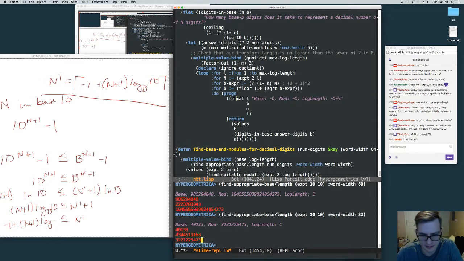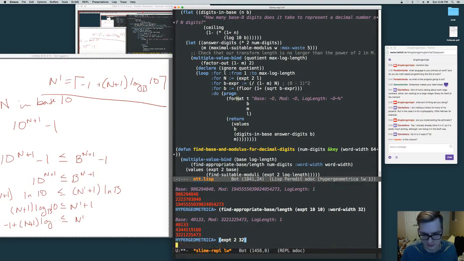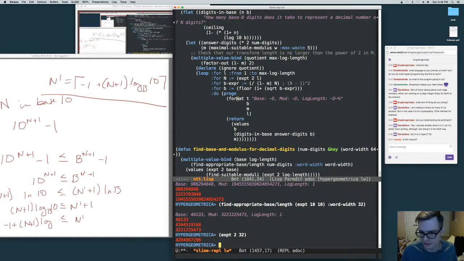And then our modulus would have to be this smaller number, which fits in a, let's see, yep, it fits.